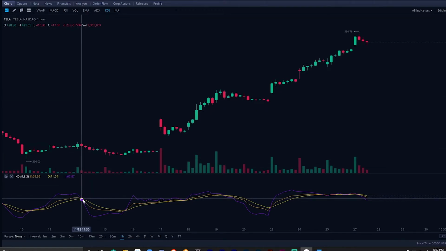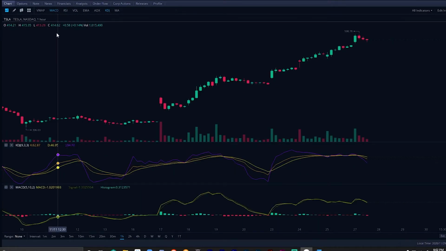Now we see these forms of EMA lines because this is similar to the MACD, and if I pull out the MACD again, it is almost following the same EMA line formation as before. The only difference is that the KDJ, which has obviously K, D, and J, are your EMA lines.